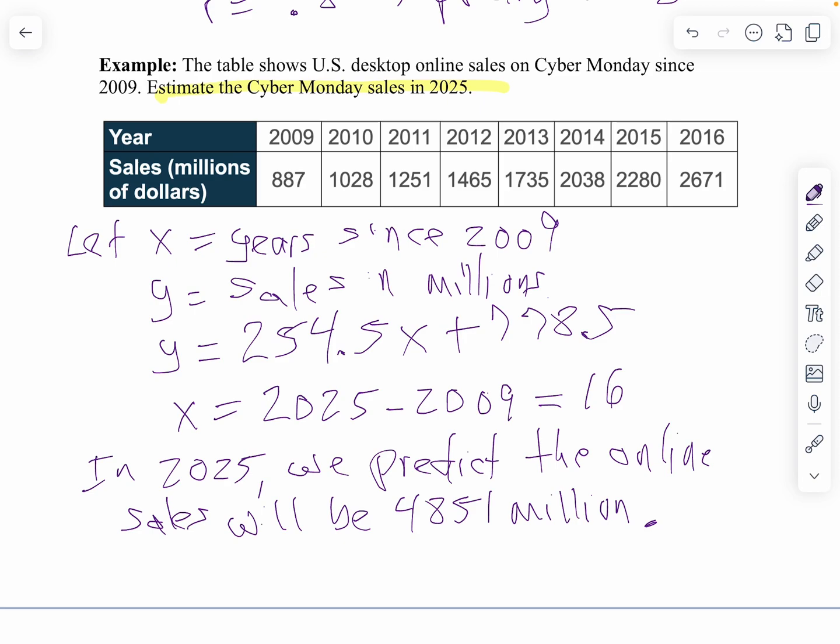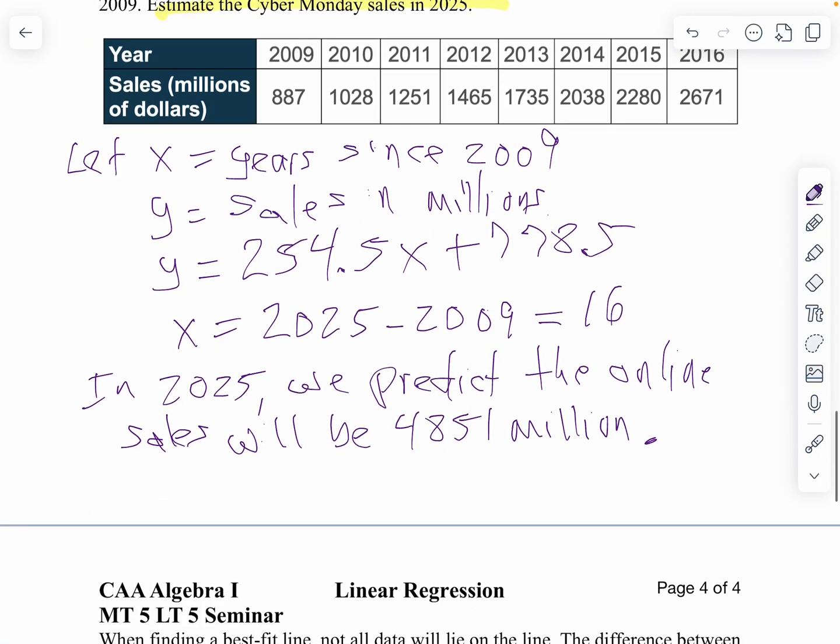If we have a good economy, it might be higher. If we have a poor economy, it could be significantly lower. Maybe something else happens that sends people back to the stores. If our delivery service would go on strike, it would be significantly lower, and things like that. So it's an estimate. We can't really say it's true until it happens.